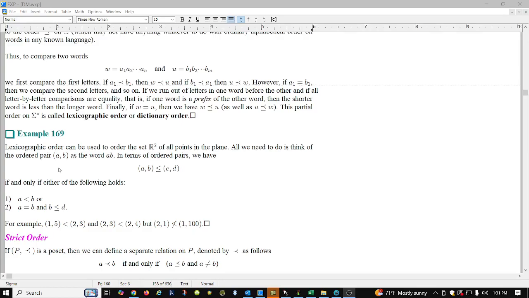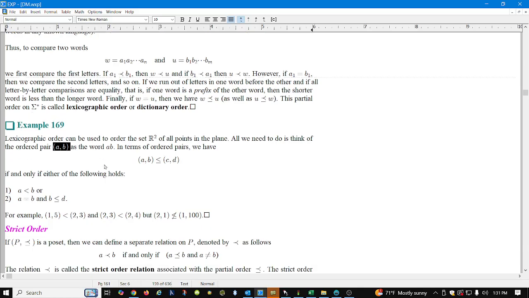Lexicographic order can be used to order the set R2 of points in the plane. All we need to do is think of an ordered pair, which represents a point in the plane, as a word. So drop the parentheses and the comma. It becomes just AB, and then we use lexicographic order. Okay.